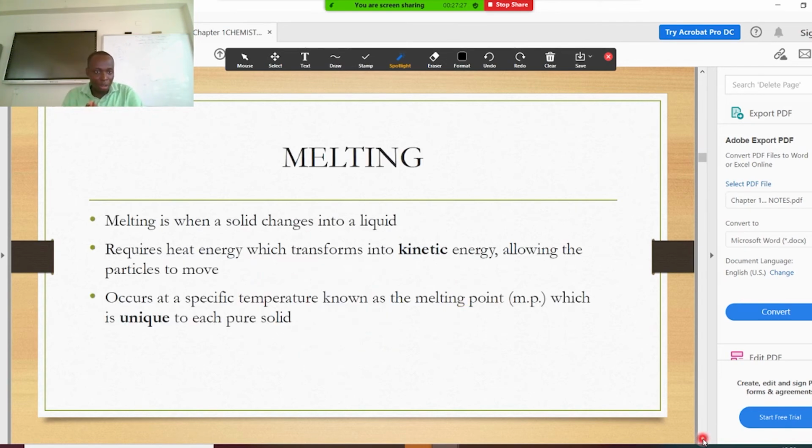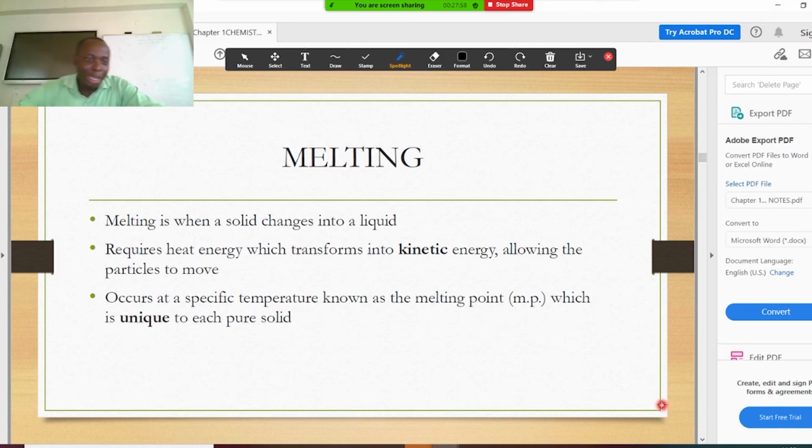So one, melting. Melting is the name of the process for the transition from solid into liquid. So it is when the solid changes into a liquid. Now, this will require heat energy. You need to increase the heat energy, or apply heat, for the process to take place.